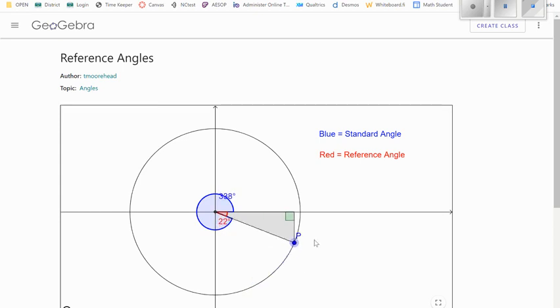So this kind of just gives us a visual of what the given angle is and what the reference angle would be. And again, notice the right triangle is always made with the x-axis. So in quadrants 1 and 4, it's made with the positive x-axis, and in quadrants 2 and 3, you're making the triangle with the negative x-axis.